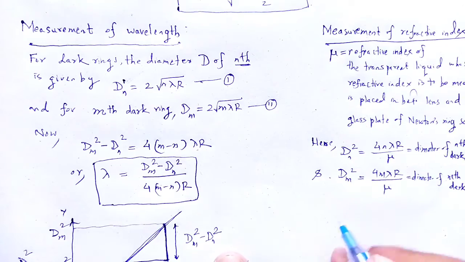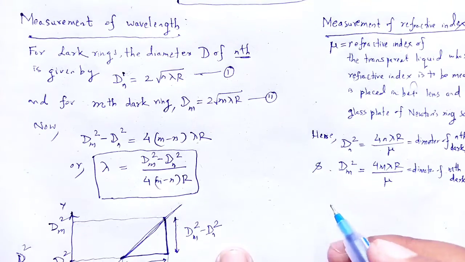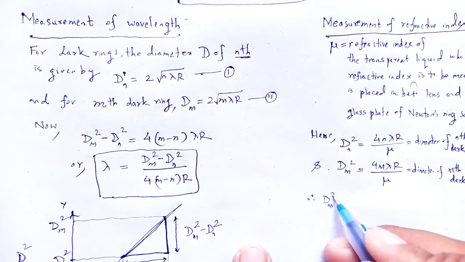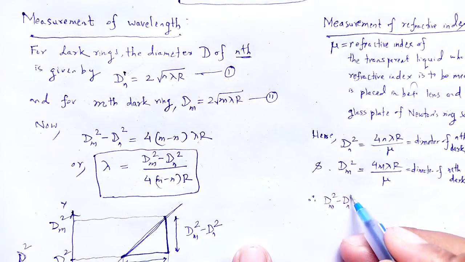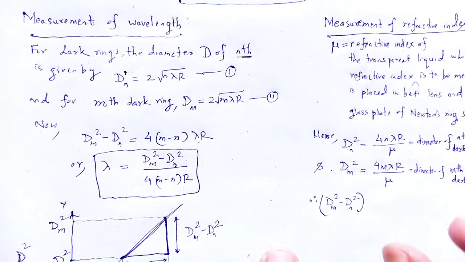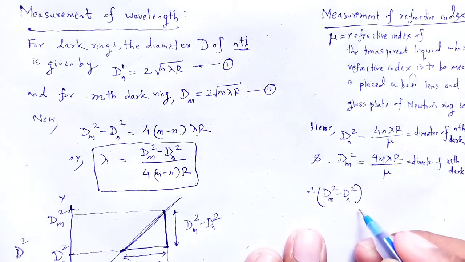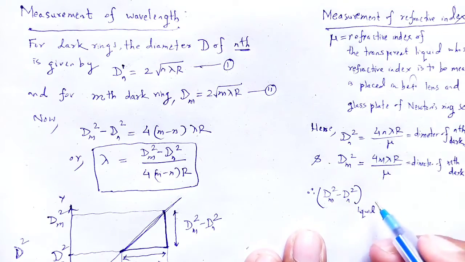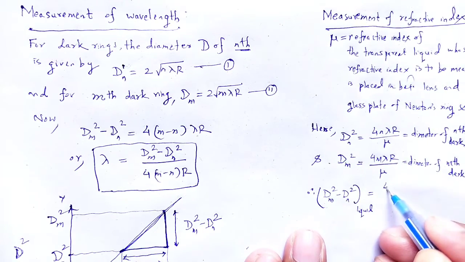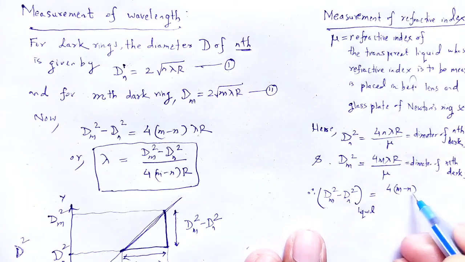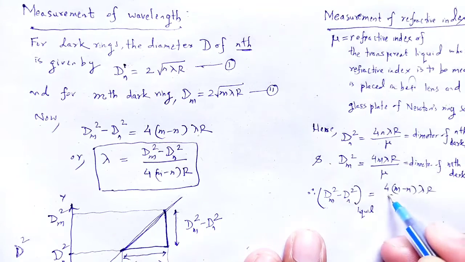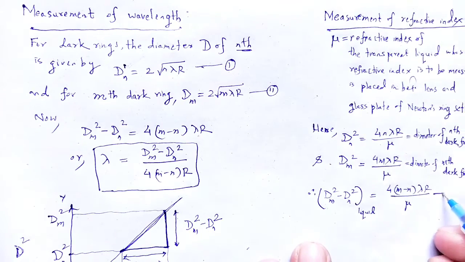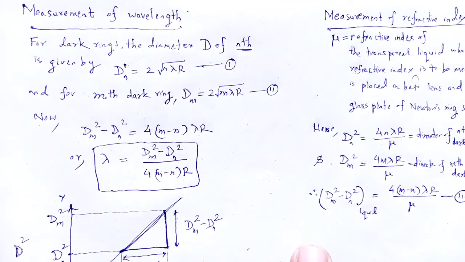Now squaring and subtracting, dm square minus dn square, for the liquid having the refractive index mu, is 4 (m minus n) lambda r divided by mu. That is equation number 3.